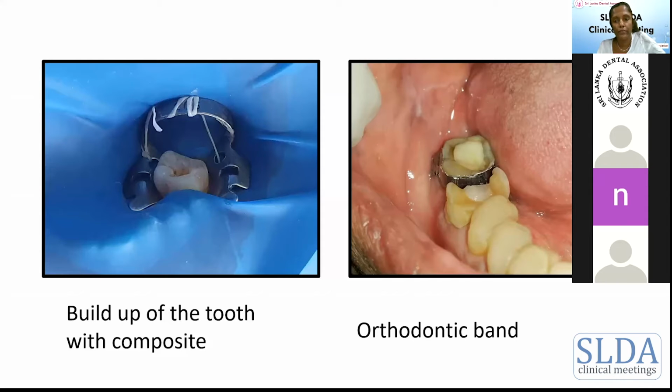The second photograph is with an orthodontic band, where you suspect, especially with a cracked cusp or cracked tooth, you can provide an orthodontic band around the tooth which stabilizes the tooth, and you can complete your endodontic treatment.